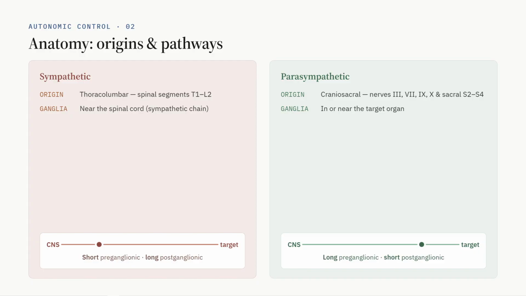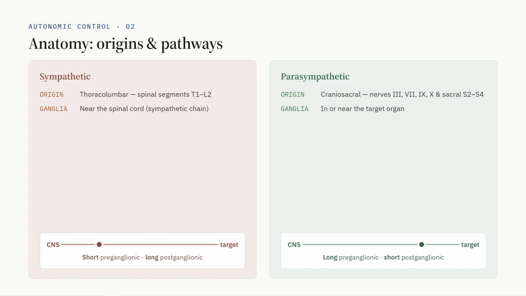Sympathetic fibers leave the middle of the spinal cord, the thoracolumbar region, segments T1 through L2, and synapse early, in ganglia right beside the cord. So they have a short preganglionic fiber and a long postganglionic fiber.